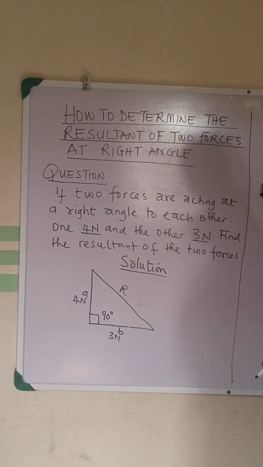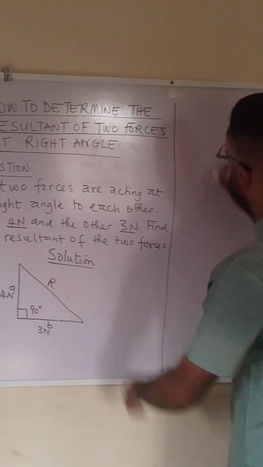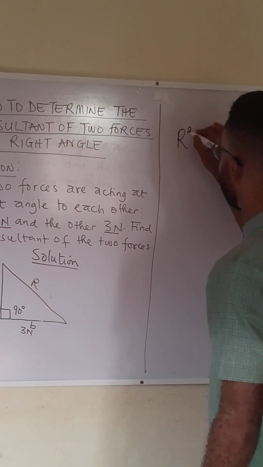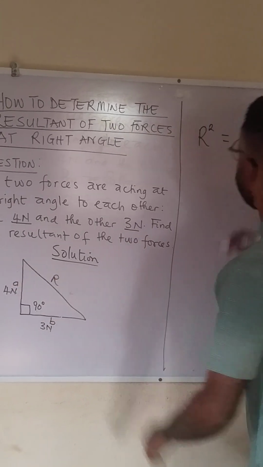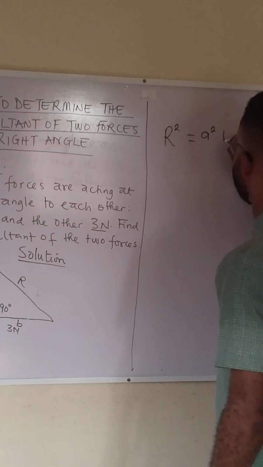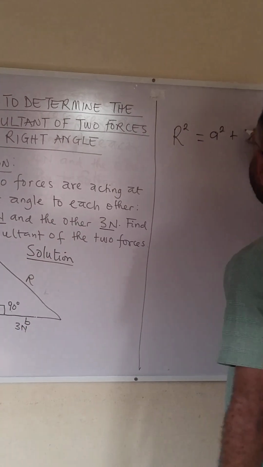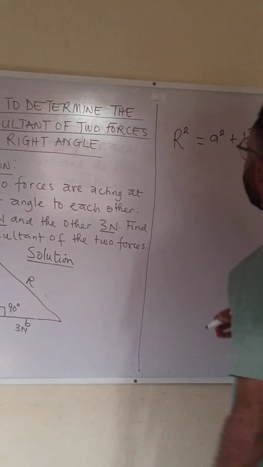we can have it that this R, the resultant, R squared, will be equal to a squared plus the square of this other side, which is b.